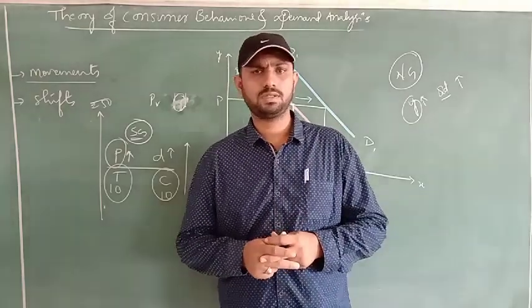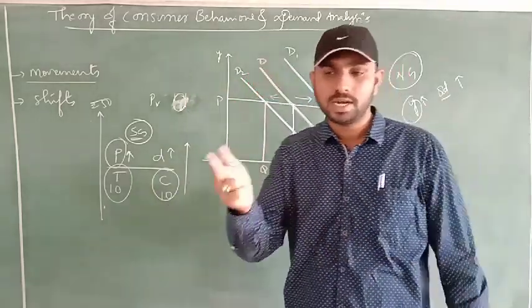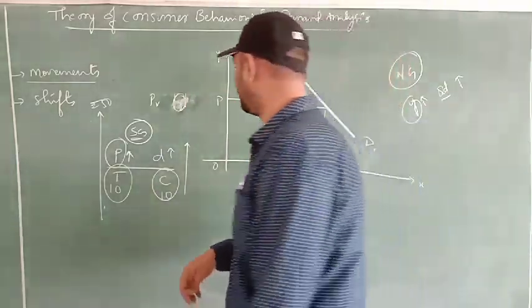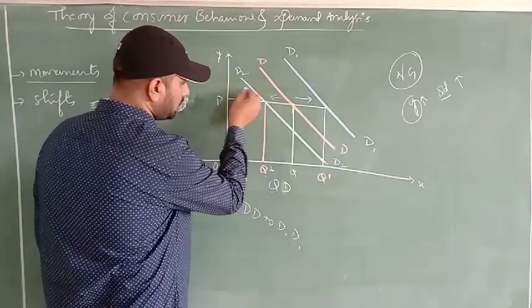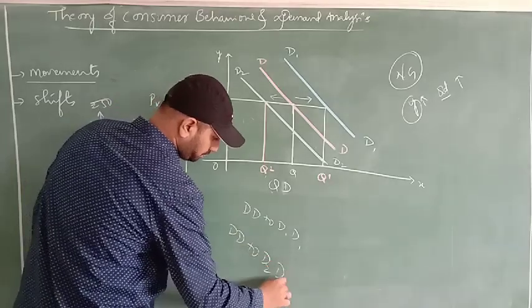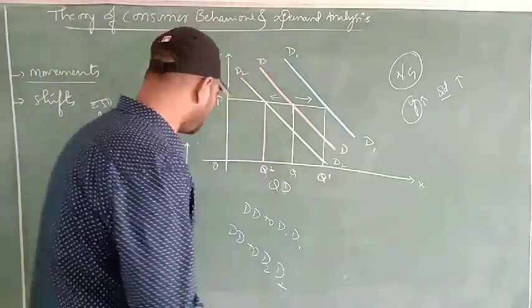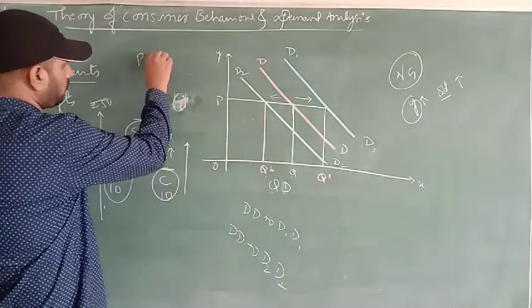In such case, there is always an inverse relationship between these two. When the price increases, demand for a complementary good decreases, and it will take the shift from D to D2.